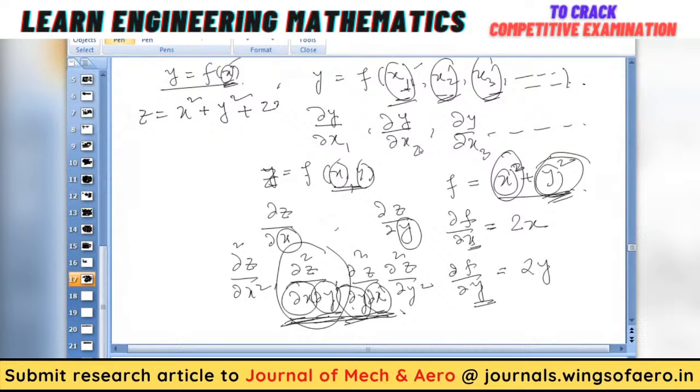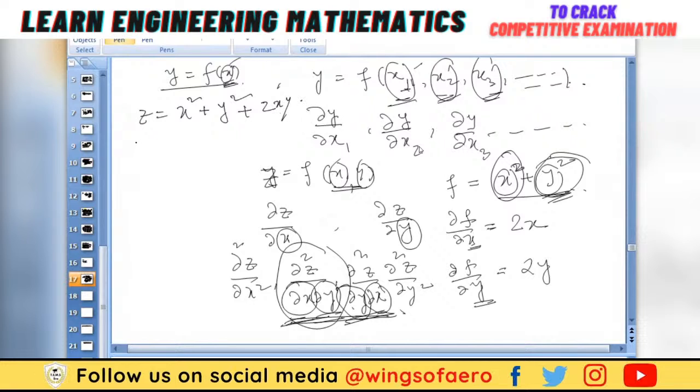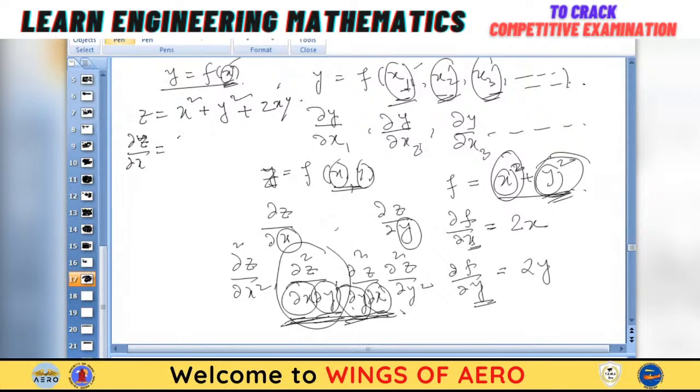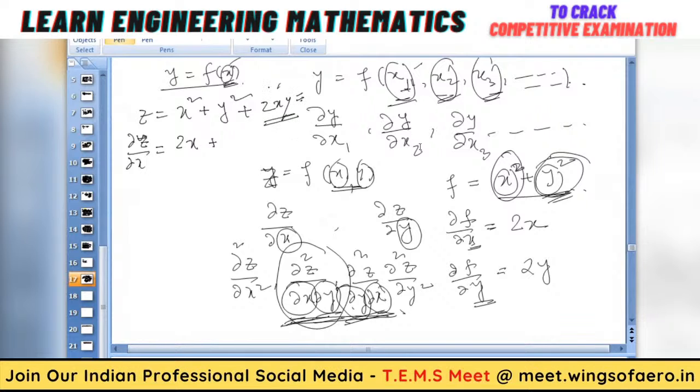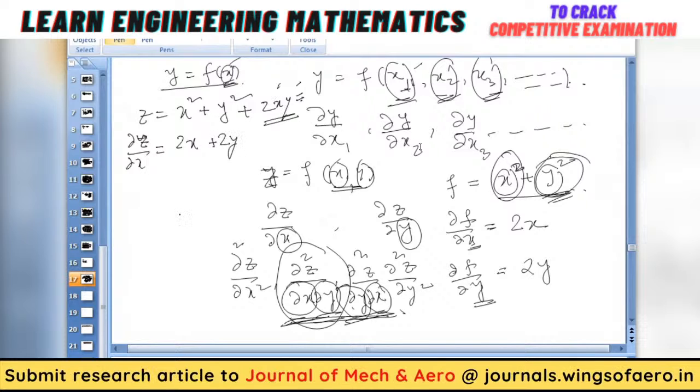So these four types of derivative I will explain with this function z equal to x square plus y square plus 2xy, suppose. Okay, so del z del x is equal to what? Del z del x equals 2x, since y square is constant here, plus for 2xy, 2 is constant, y is constant, x is variable, so it is 2y only.